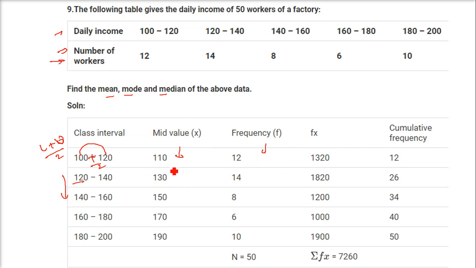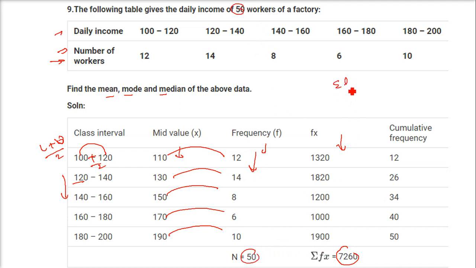Now the frequency is what? This one, which is given in this row. Now find out f into x. 110 into 12, 130 into 14, 150 into 8, 170 into 6 and 190 into 10. You get this column. Now just add these values, you get 7260. Add the frequency, you get 50, which is also given in the question. Now what is the mean? This is sigma fx by sigma f.